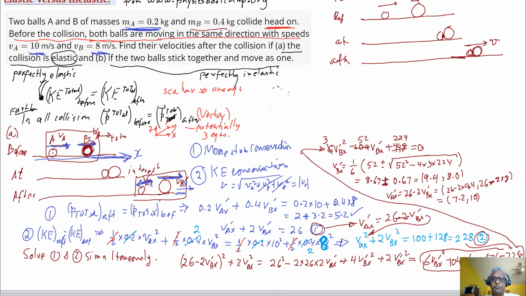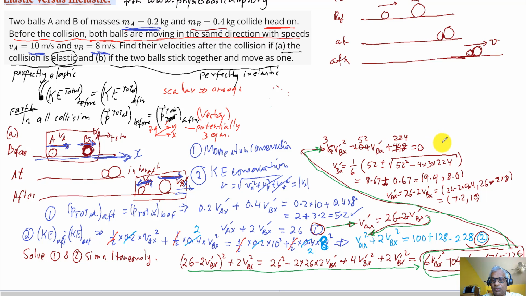Okay, so I did the calculation to save time in the video. Let me walk you through it. I solved equation 1 for VA prime and plugged it in here, and I simplified all the way. Then I put the right side here for further simplification.